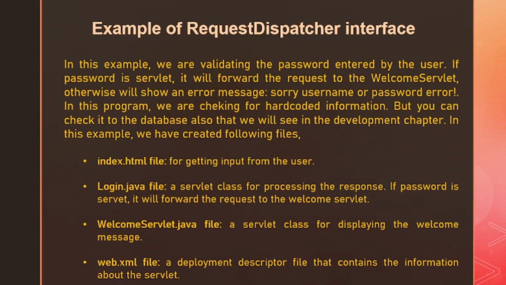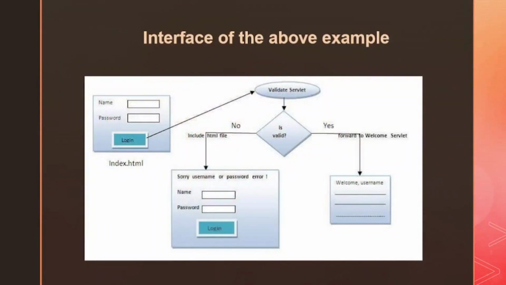Welcome servlet.java file is a servlet class for displaying the welcome message. Last one is the web.xml file. This is a deployment descriptor file that contains the information about the servlet. This is the interface of the above example.